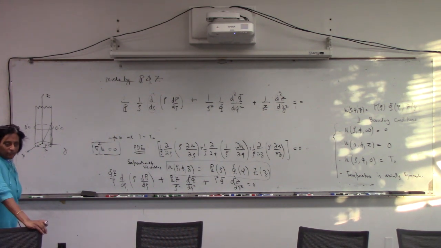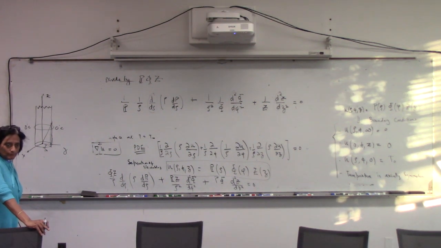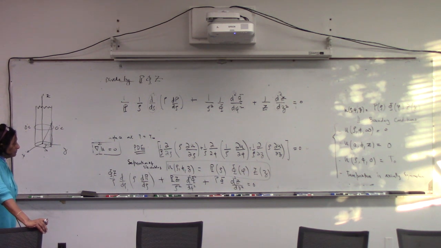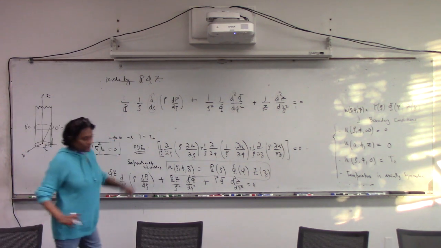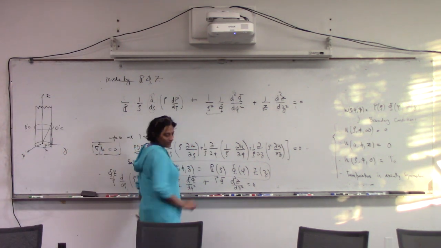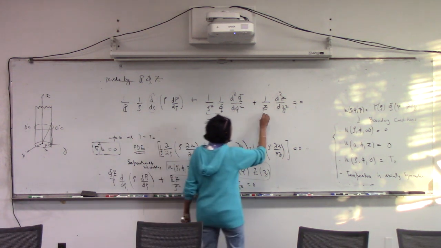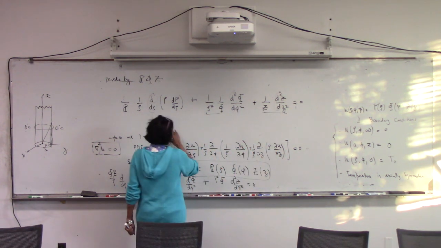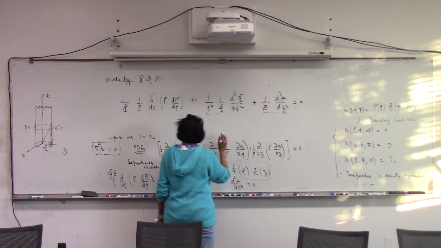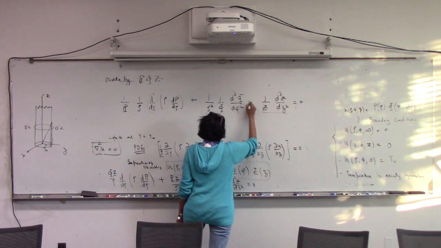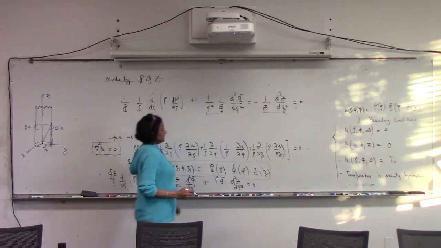Is there any term which is a function of one independent variable only? The second term is mixed. The last term is easiest to separate out because here we got things mixed up. So let's just separate this one out. I'll take it to the right hand side.